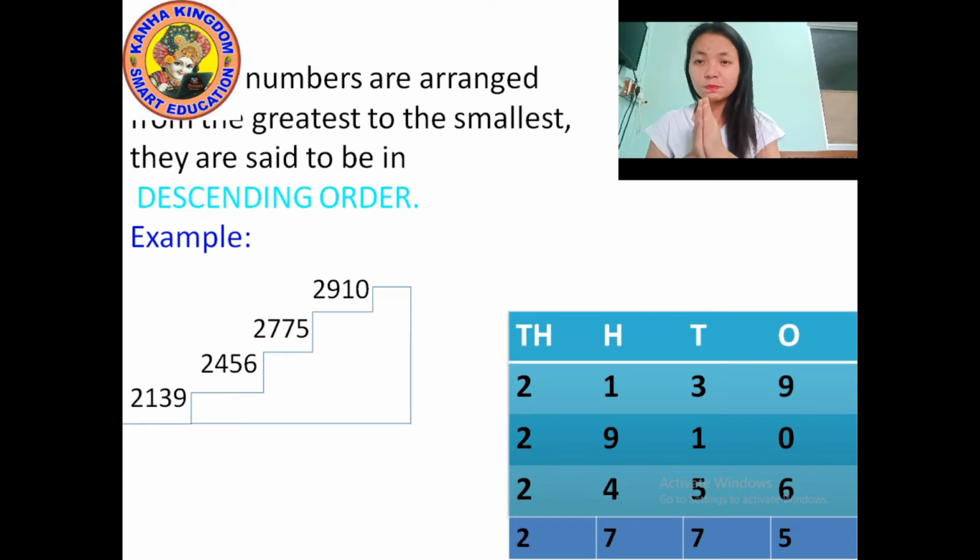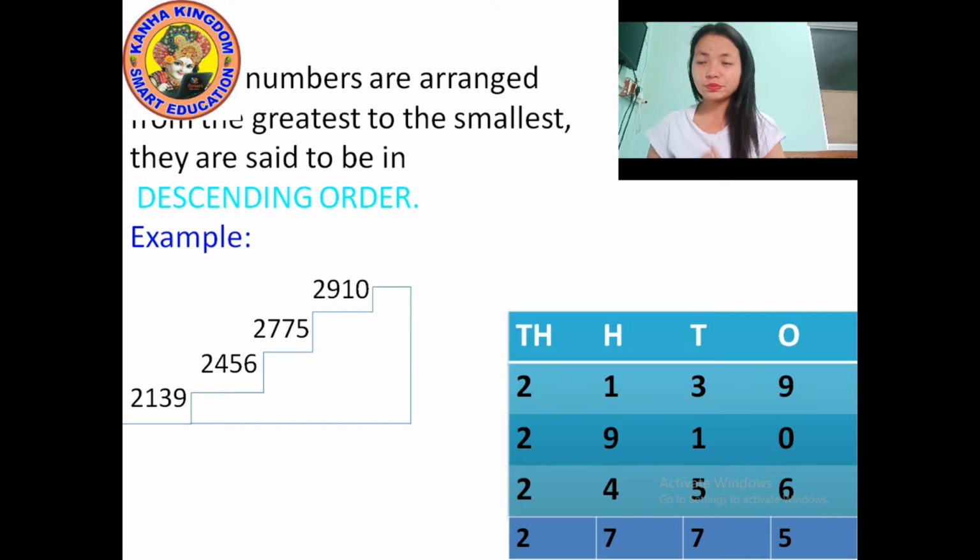Okay student, descending order means when numbers are arranged from greatest to the smallest. For example, I will do one example for you.